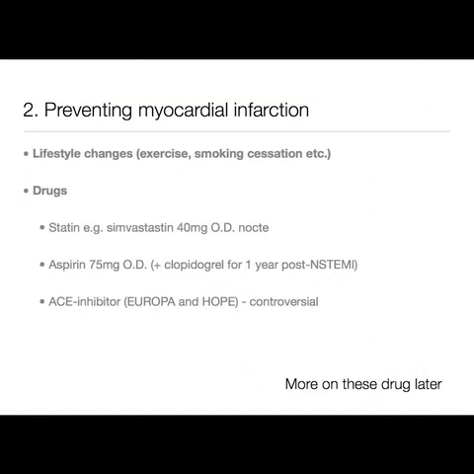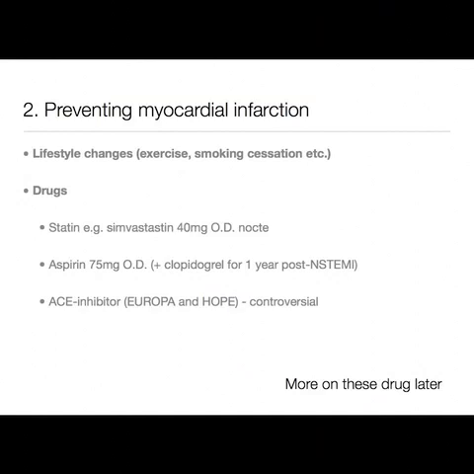These include a statin, that should importantly be taken at night, aspirin, usually at low dose, and lastly, an ACE inhibitor. Note, however, that the evidence for ACE inhibitors is fairly controversial. Not all physicians will advocate this. I'm going to cover these agents in much more detail in some other podcasts.